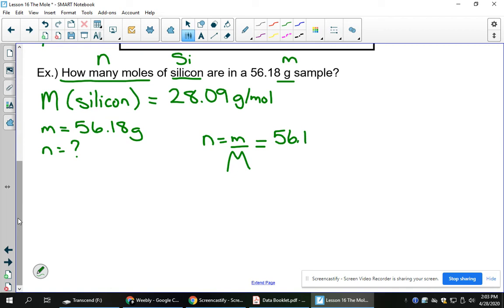Mass goes on top and molar mass goes on the bottom. Now that's a simple division. Put that in your calculator. Divide those two numbers.